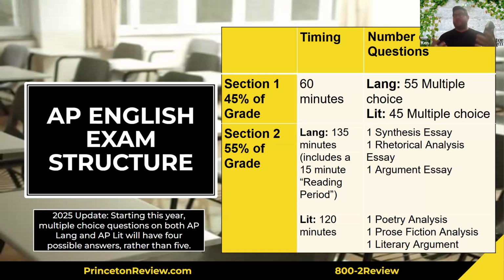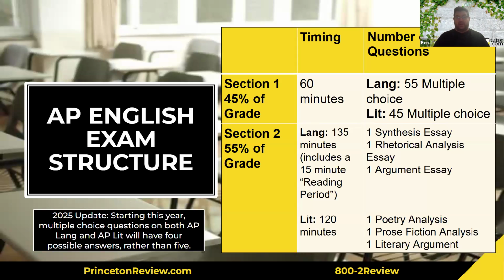An argument essay is kind of more like a standard essay you guys have written, where you're just going to be given a prompt and you'll write an essay in response to that prompt, making some type of argument. For literature, there is no reading period because you don't have all those different sources like synthesis does.